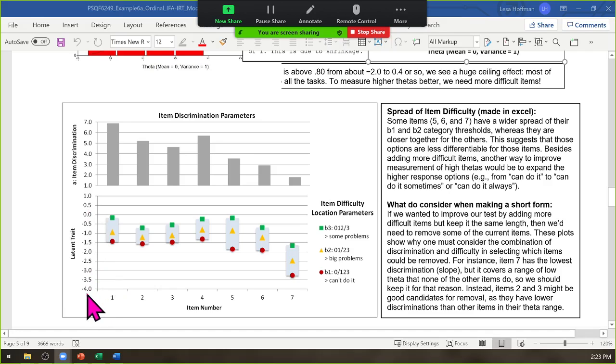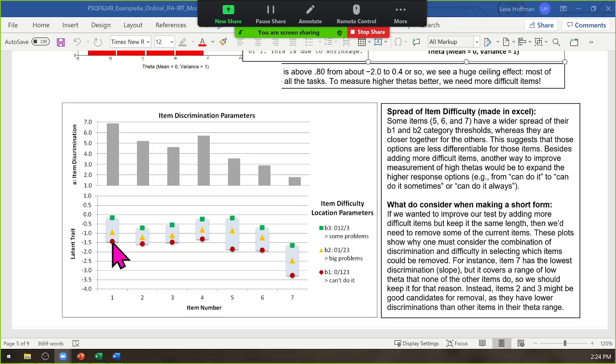So -4 means 4 standard deviations below the mean. This red dot is located at -1.5. So somebody who has a theta of 1.5 standard deviations below the mean, a low ability person, that is the point at which they have a 50-50 probability of transitioning from the lowest answer, which is can't do it, to something greater than the lowest answer.